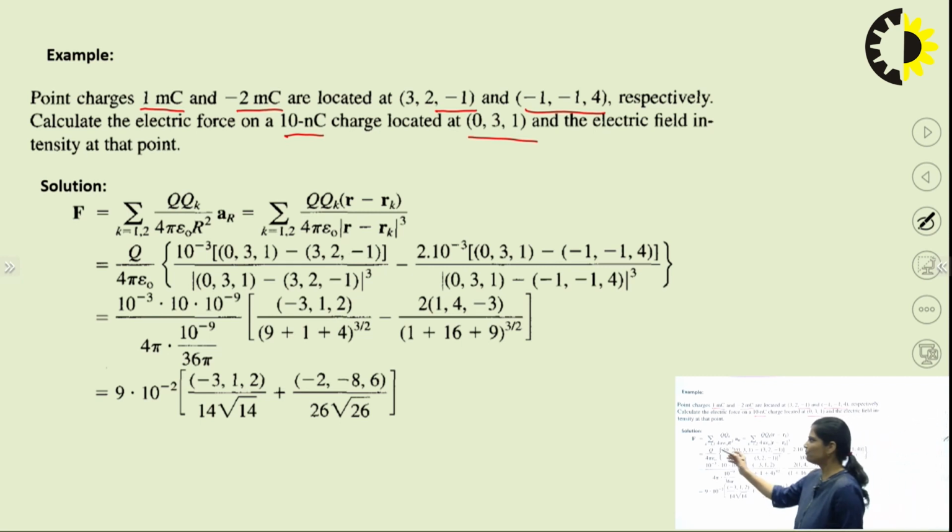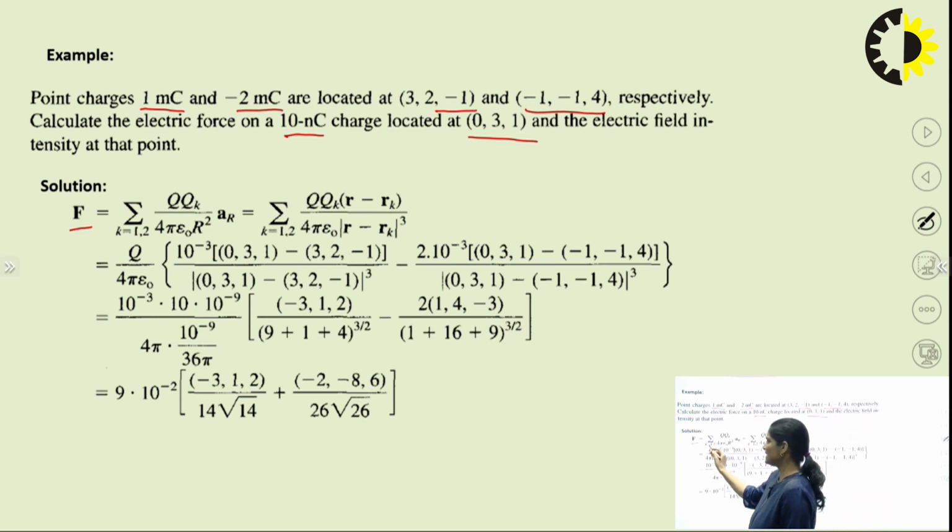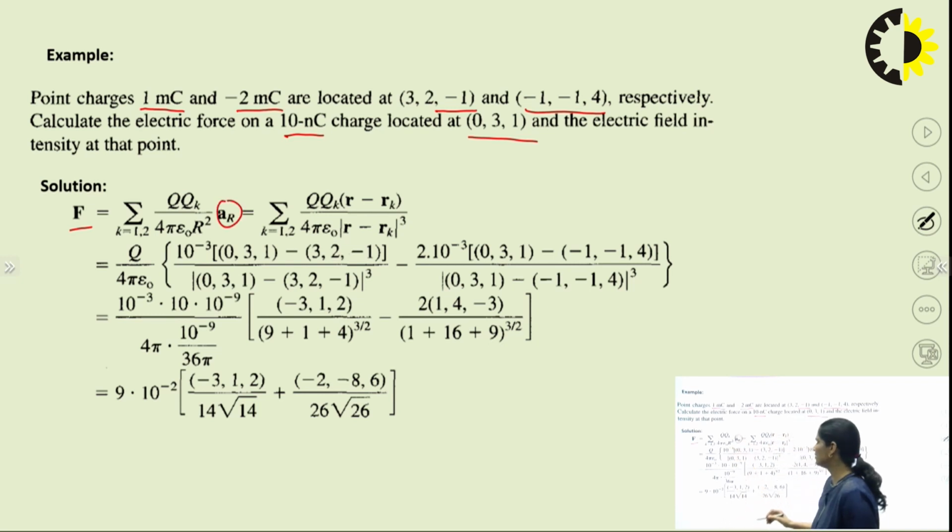Now first write down the formula of F, that is equal to the sum over QK, meaning you have 2 point charges Q1 and Q2, so K is equal to 1, 2, of Q QK upon 4 pi epsilon naught R square times the unit vector of R. Now put the value of the unit vector of R, that is R minus RK.